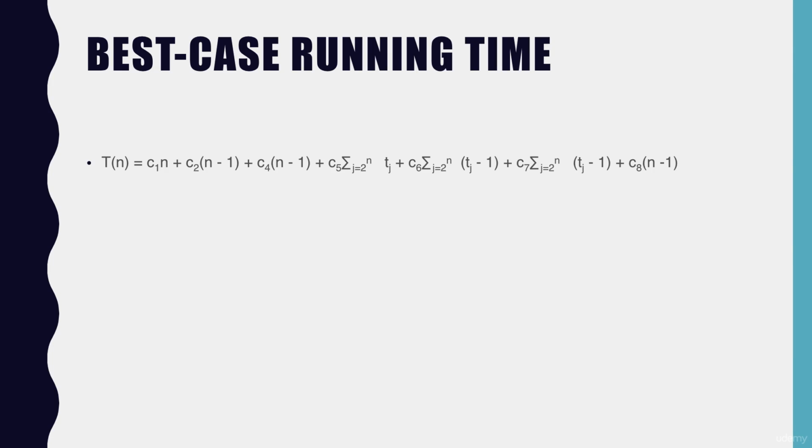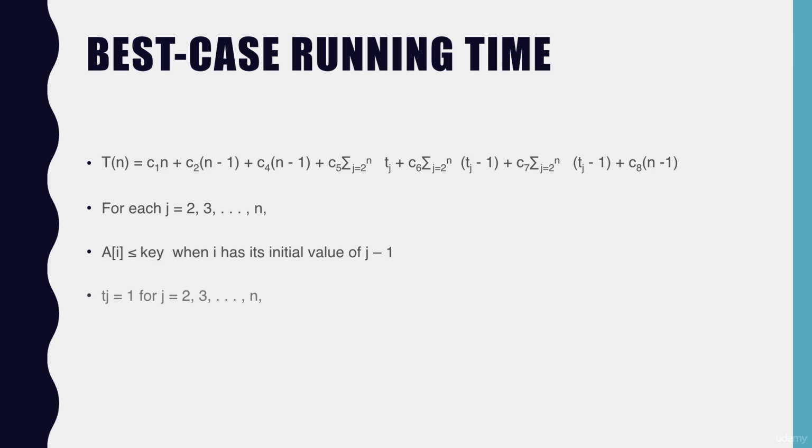Even for inputs of a given size, an algorithm's running time may depend on which input of that size is given. For example, in insertion sort, the best case occurs if the array is already sorted. For each j equal to 2, 3, and so on till n, we then find that A of i is less than or equal to key in line 5 when i has its initial value of j minus 1.